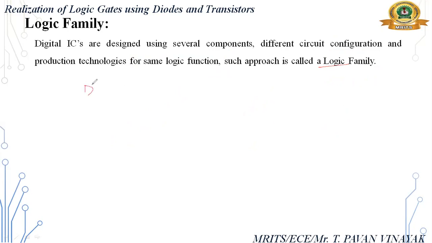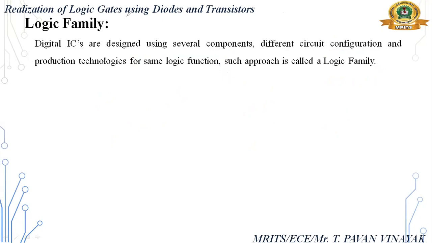If I use diode logic, speed is less and power dissipation is more. Suppose I am using transistors, here speed is very high and power dissipation is low. So there are different characteristics for each logic family. We will learn all these now.